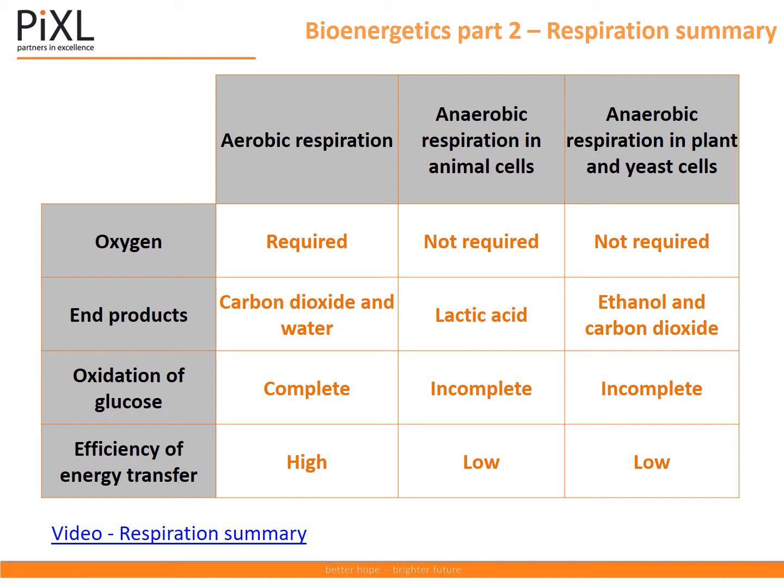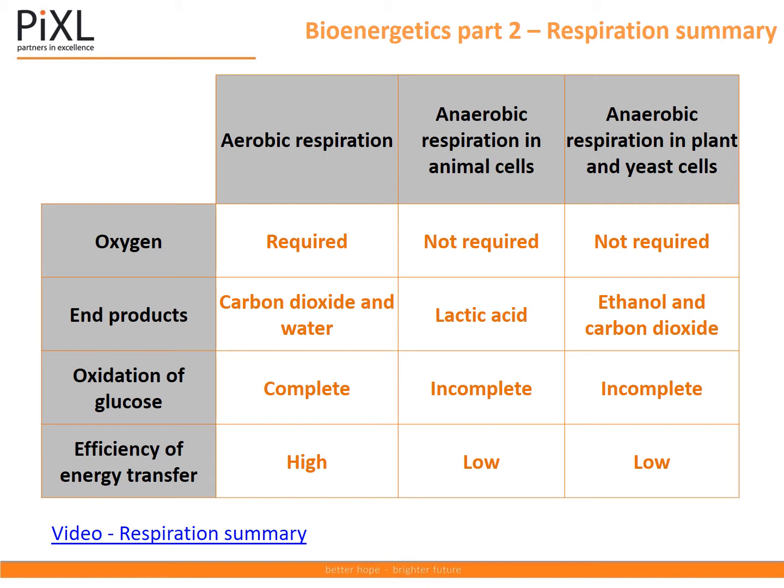So going through, we can see the basics of what we need to know for all of the types of respiration. Aerobic respiration needs oxygen, makes carbon dioxide and water, is complete oxidation, and produces a lot of energy. In anaerobic respiration in animal cells, it doesn't use oxygen.